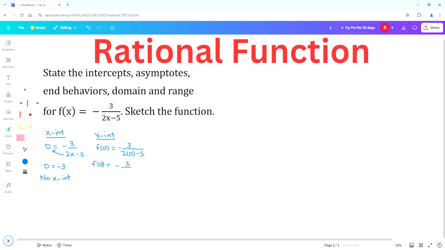Two times 0 is 0. 0 minus 5 is negative 5. The two negative signs get cancelled out, so the final answer is 3 over 5 or 0.6. This is the y-intercept. We can write it as an ordered pair as (0, 3/5).